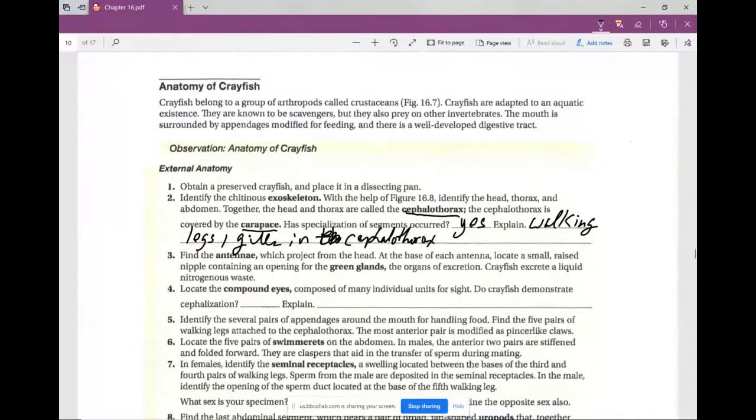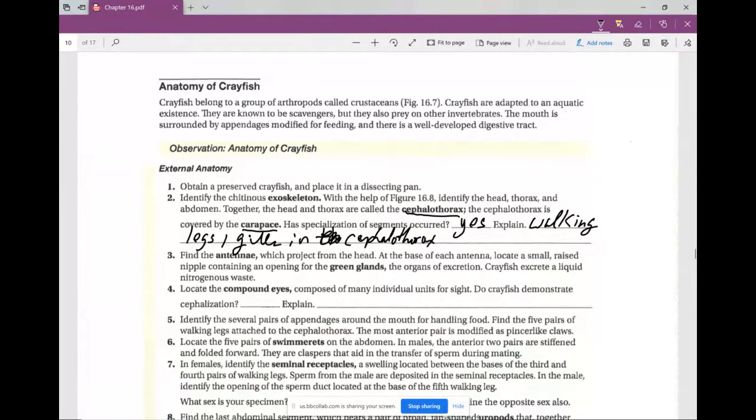And you can give the example that they have the sensory organs like 2 pairs of antennae and eyes on the head also, and reproductive organs by the abdomen, etc.